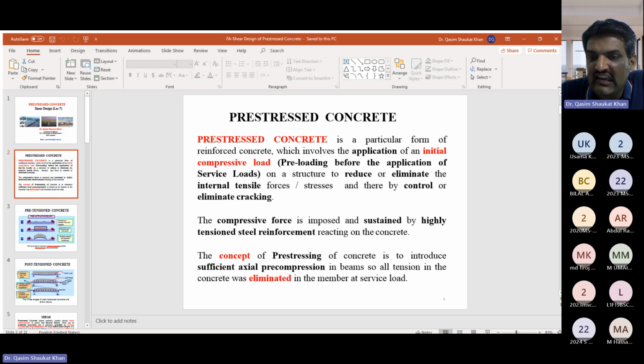Where we want to 100% eliminate cracking, we make the negative camber and the moment due to the service loads exactly equal. In other cases where we allow some cracking, the negative camber or hog is lesser than the moment produced by the applied loads.